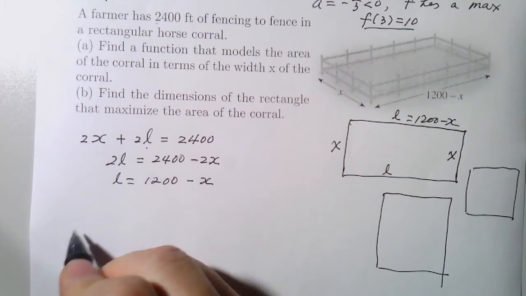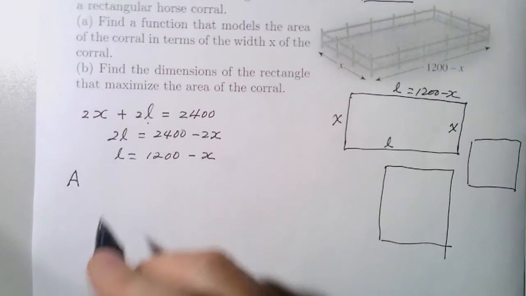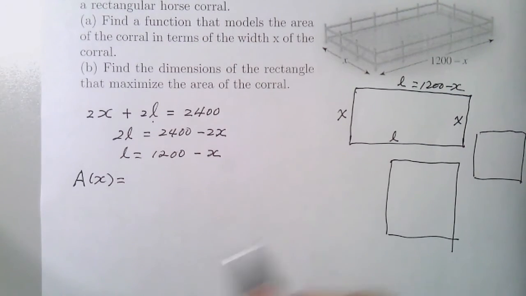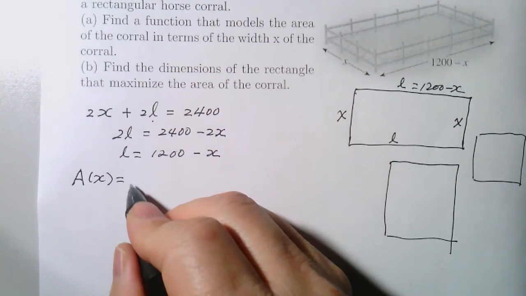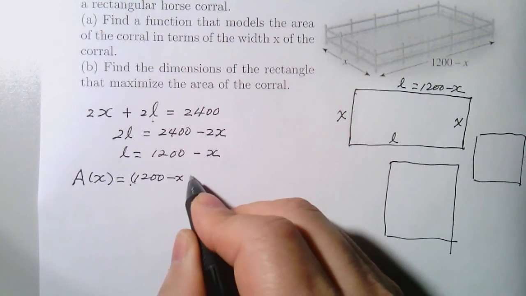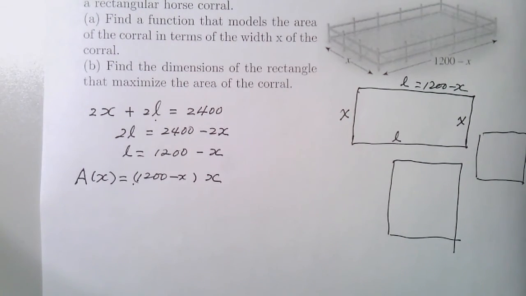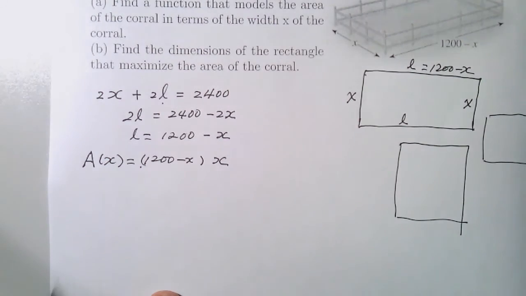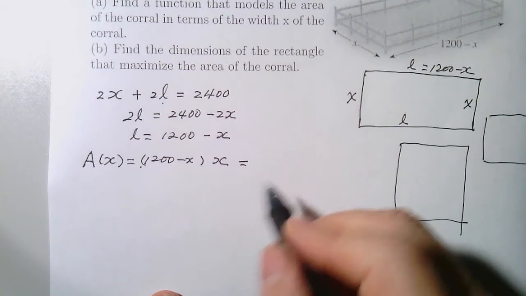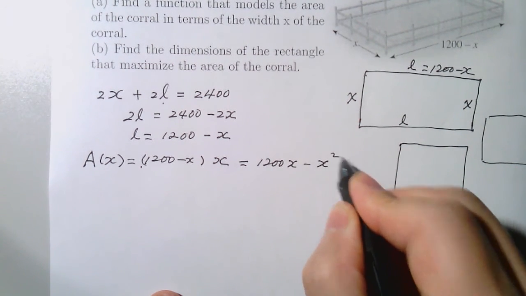Now the area, we use A, A(x) equals length times width. The length is 1200 minus x, times the width, which is x. Now you can see this is a quadratic function. So I distribute this: 1200x minus x squared.